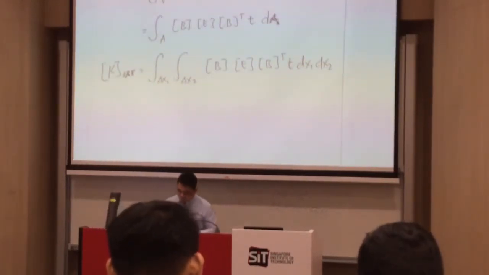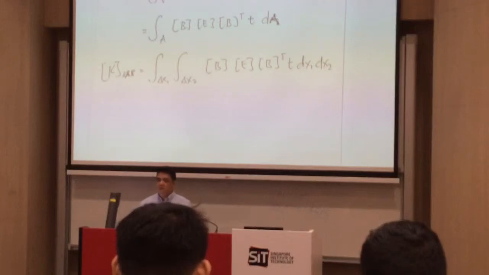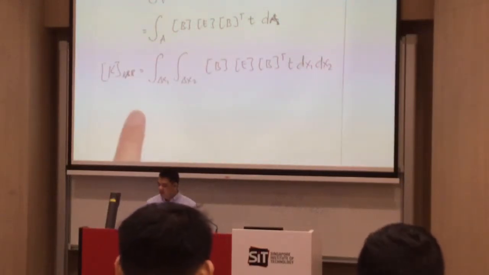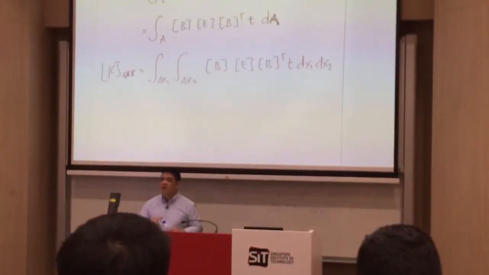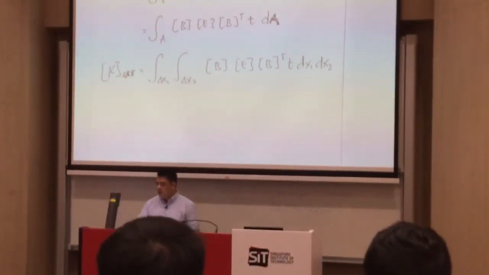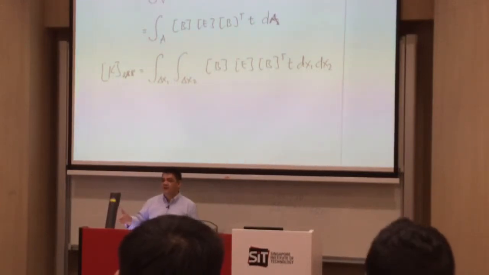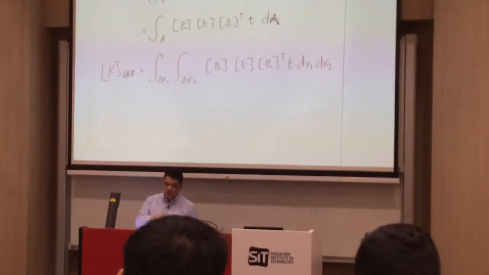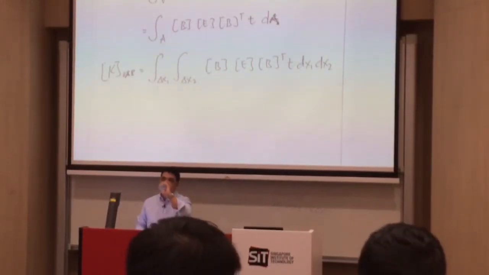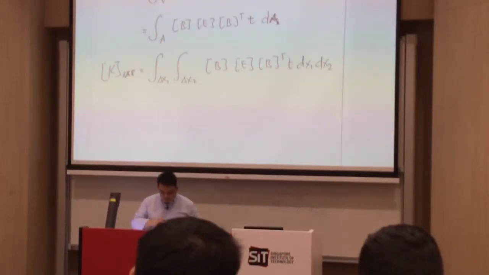Yes? So instead of integrating twice because of this one here, we can map it so that instead of performing analytical integration, we can perform numerical integration. And that's one reason why you want to map. So let's have a look.